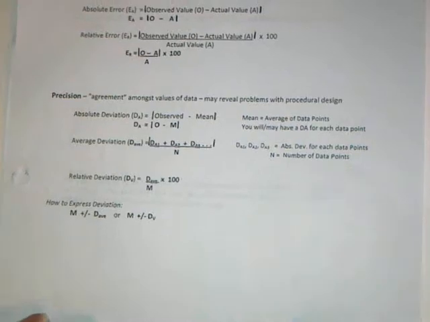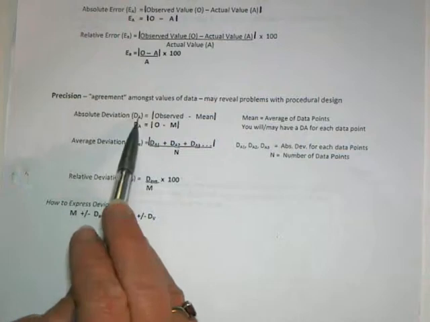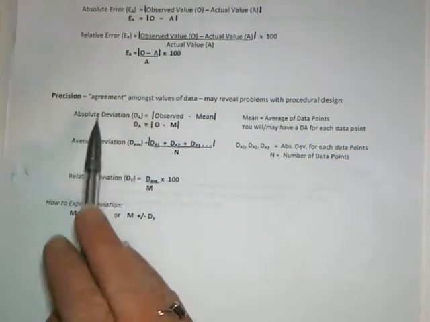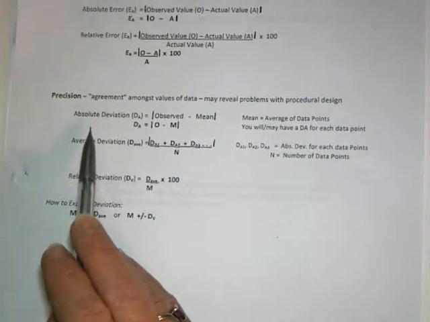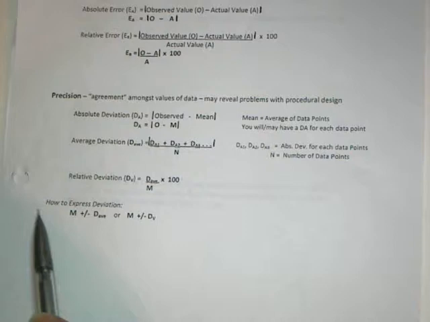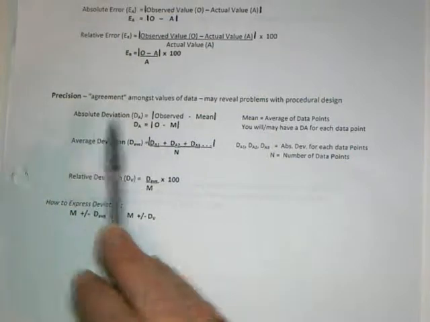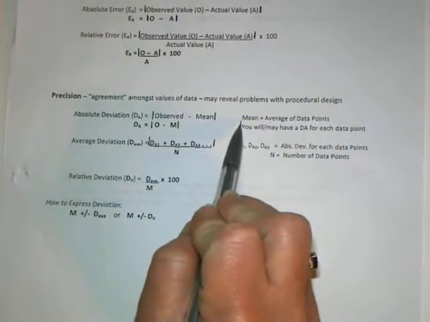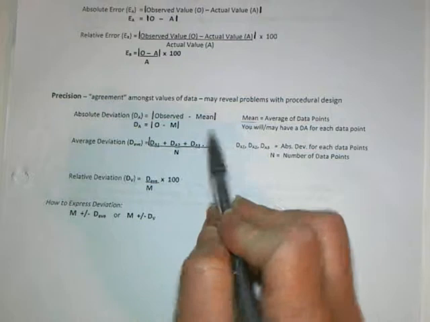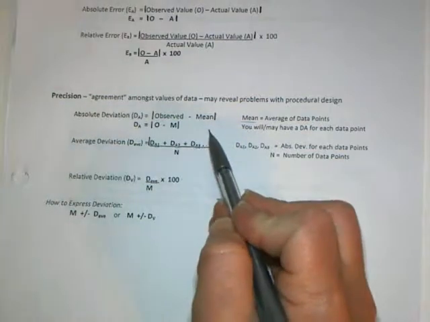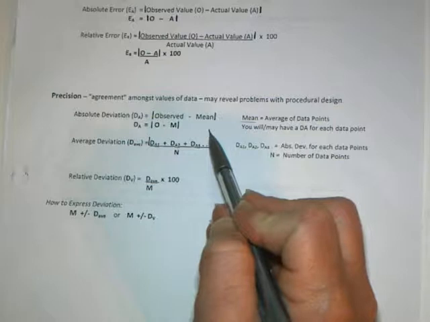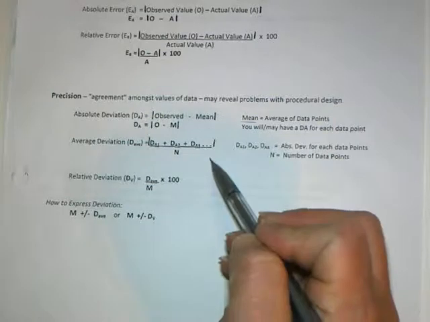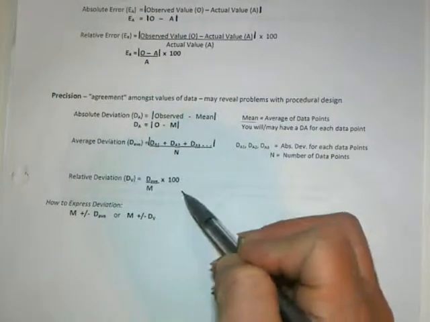Precision is the agreement amongst the values. The theoretical value plays no role in any of these calculations because we are looking at the agreement of the data amongst itself. The first thing I highly suggest is calculating the mean first, then the absolute deviations, which you will have for every one of your data values, the average deviation, and then relative deviation.